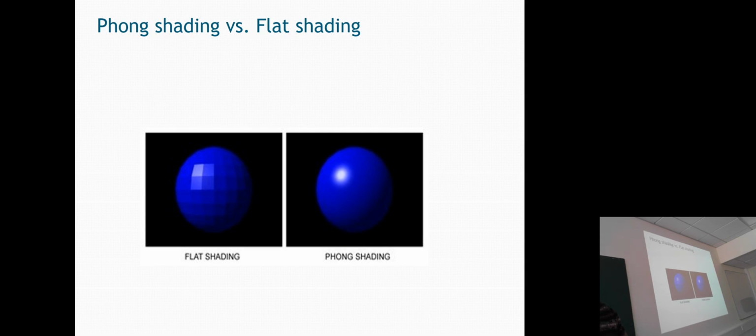Any ideas what the difference is between those two renderings? The Phong one is interpolated between the values, and the other one is flat per face, it looks like. Actually, it looks like that, but it's the left one where we have interpolation happening. Maybe any guess? Okay, I'll give you a clue.